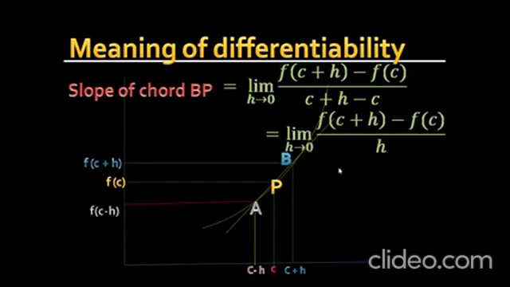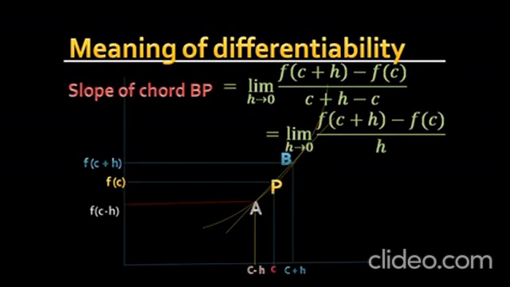As I have already told you, point A and point B approach the point P, so they are very close to the point P. So we can say the slope of the chord AP is equal to the slope of the chord BP, and both are equal.